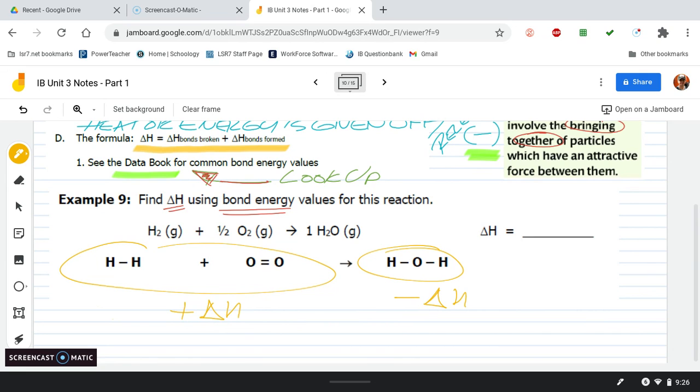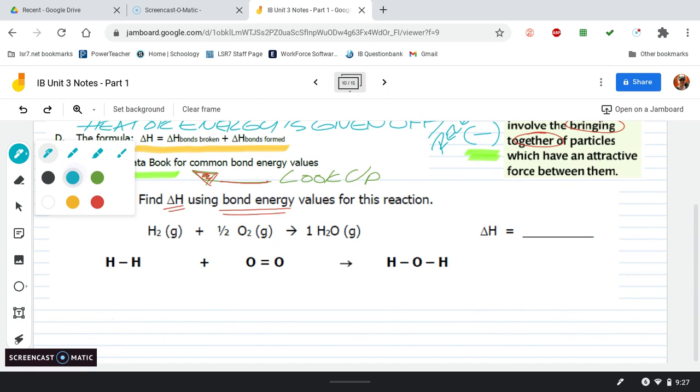Basically, reactants are going to be positive and products are going to be negative. You really have to remember that because the numbers in the chart are all positive. You should probably write this down.